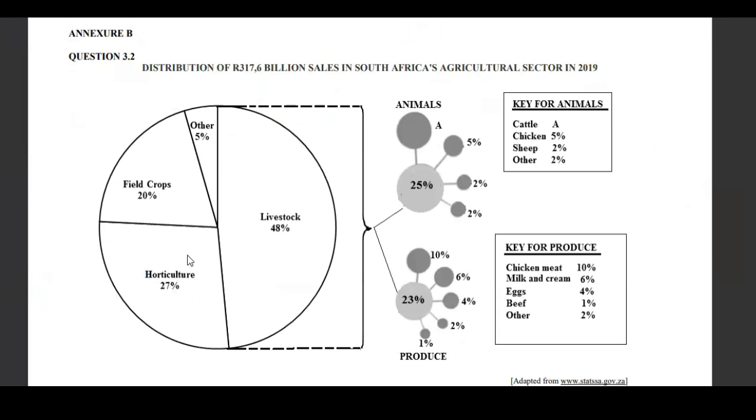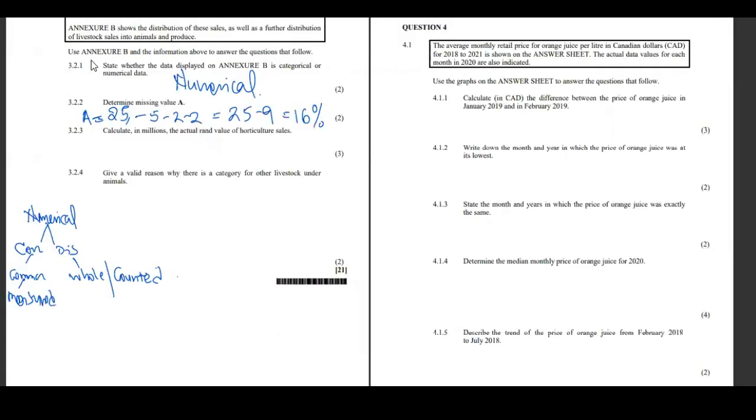Horticulture is 27%. Since horticulture contributed 27%, we take 27% times the money.